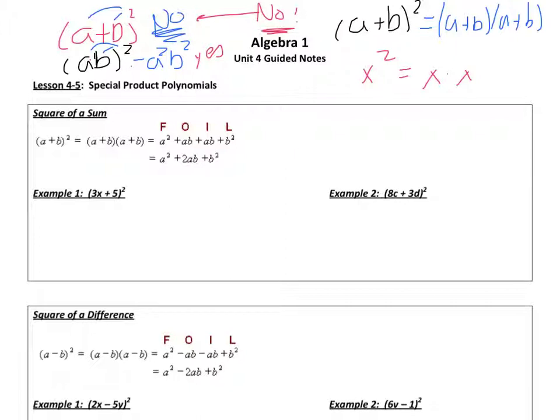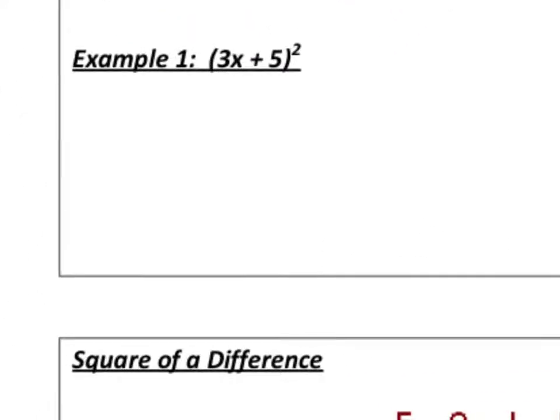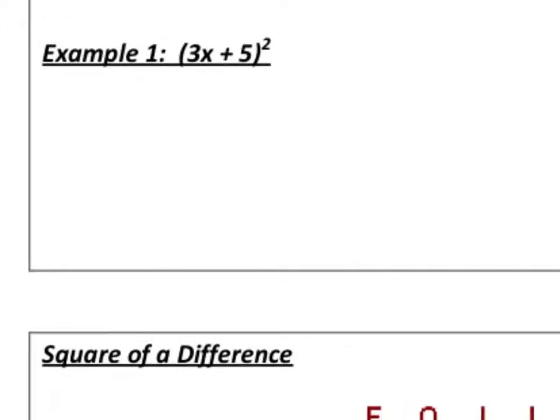So what does that mean? Well, our first one here, 3x plus 5 quantity squared, means that we need to take 3x plus 5 and write it twice and FOIL.